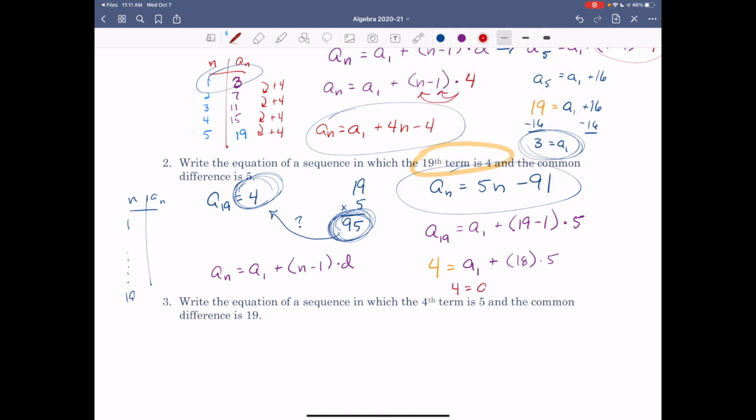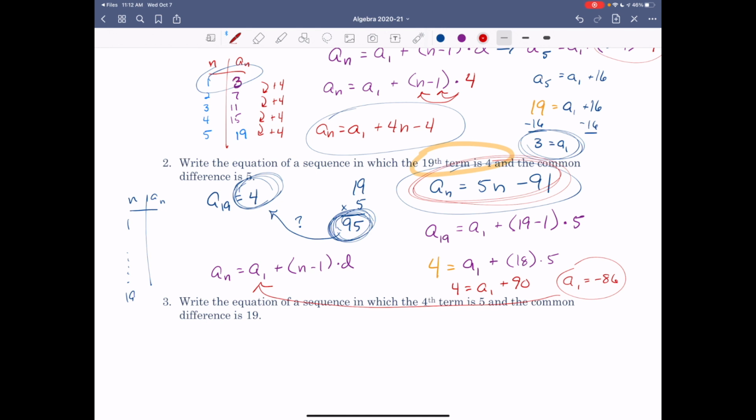So 4 ends up equaling a1 plus 90. And then you can subtract 90 on both sides. What's 4 minus 90? 86. So the first term in this sequence must be negative 86. If you take that back to the definition and plug everything in, you will eventually simplify down to Gray's same a sub n equals 5n minus 91.